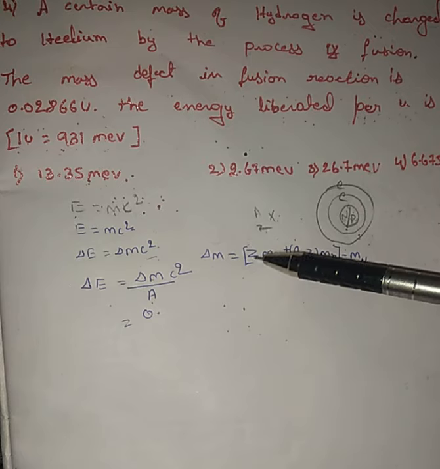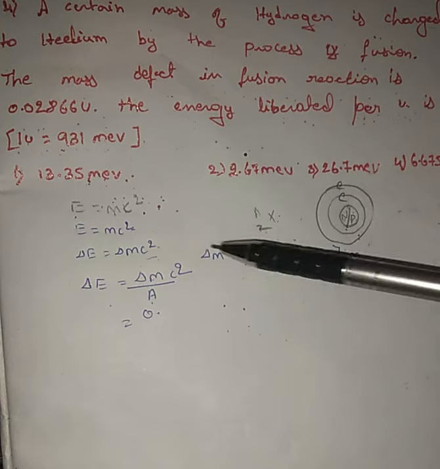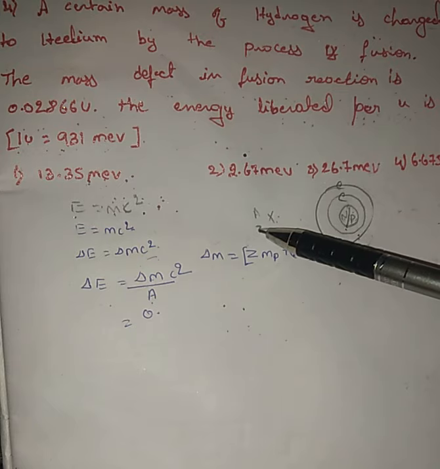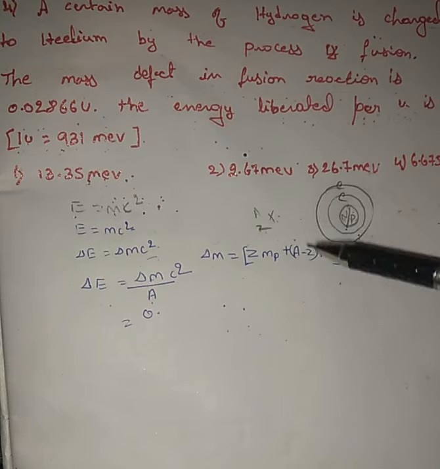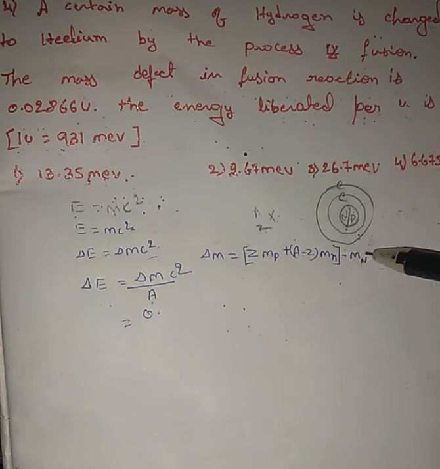Z is the number of protons, or electrons, present in the atom, and m_p is the mass of the proton. A minus Z gives the neutron number: mass number minus atomic number. m_n is the mass of a neutron, and capital M_N represents the mass of the nucleus.